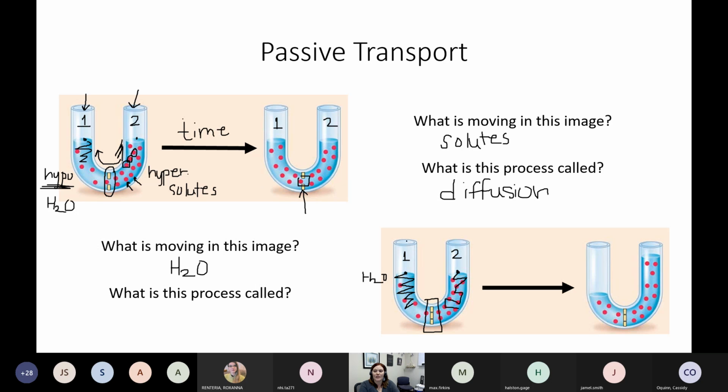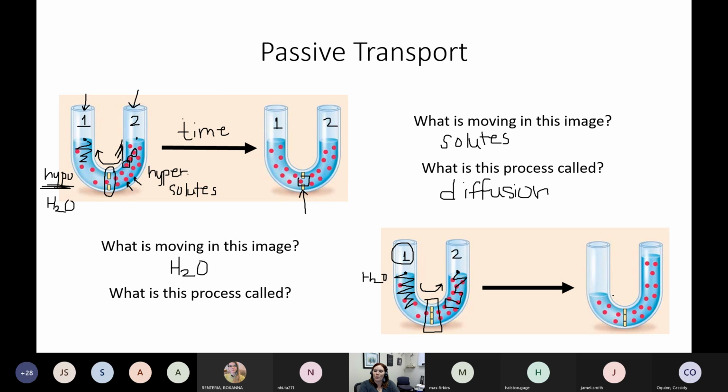My water molecules that live over here inside 1, they bounce around and say, I am so tired of bumping into other water. I want to bump into solutes. So the water molecules travel to the other side of the tube where we have all kinds of solutes. We bumped into them in our line over here.